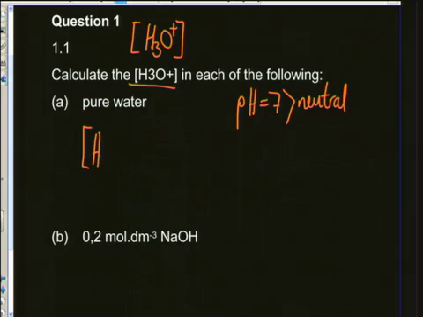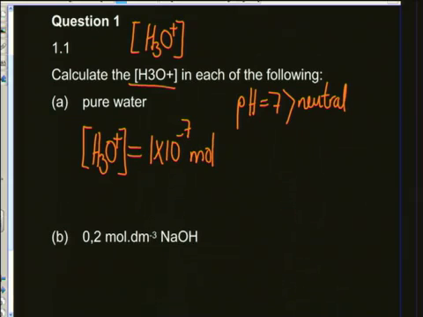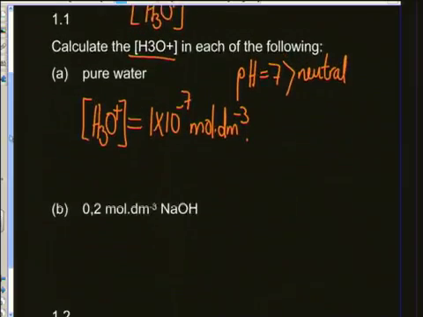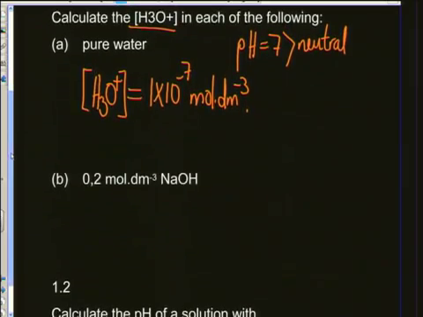We just have to know that the concentration of the hydronium ions, which is the same as the concentration of the hydroxide ions for pure water, is equal to 1 by 10 to the power minus 7. But we're talking concentration, so we need to put in the appropriate unit, which is mole per cubic decimeter. So that is the concentration of the hydronium ions in pure water.